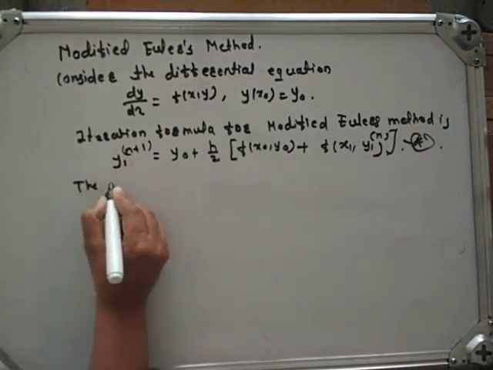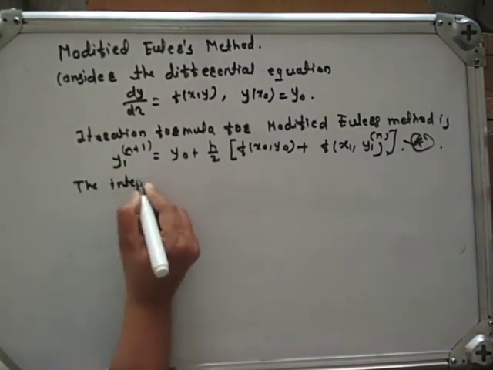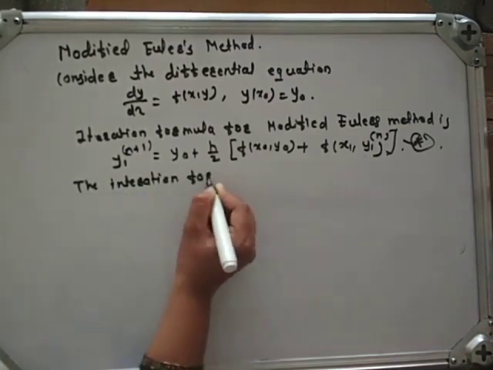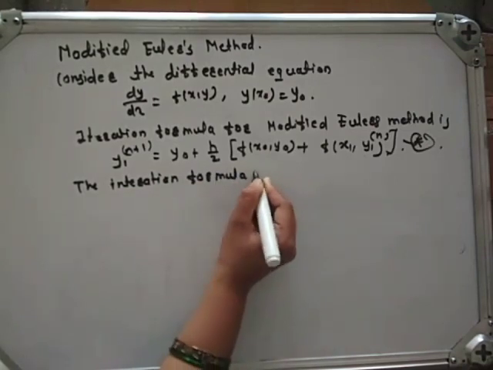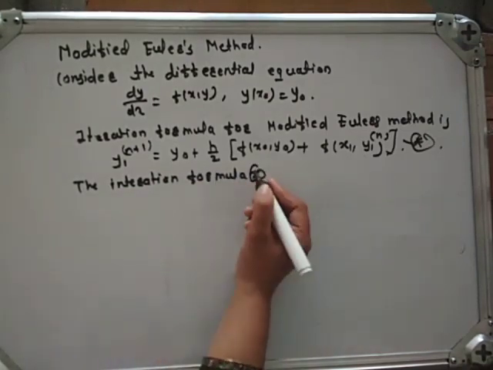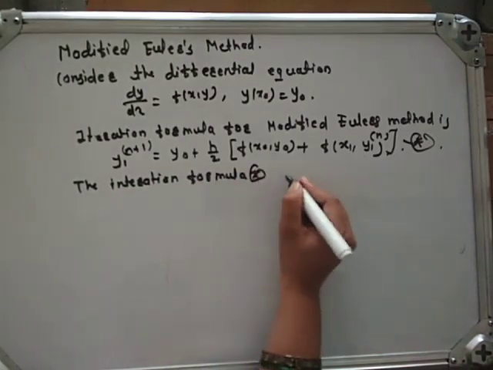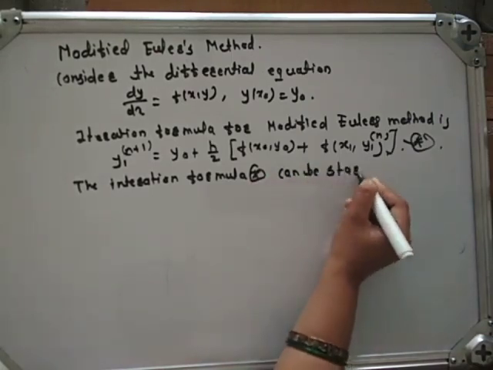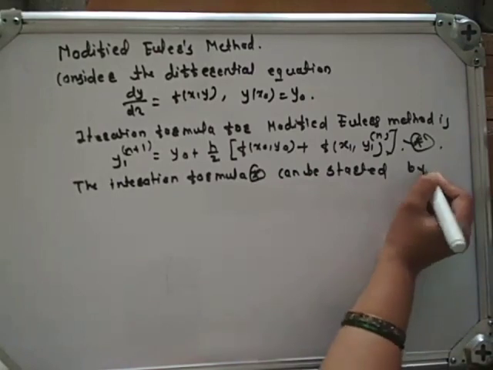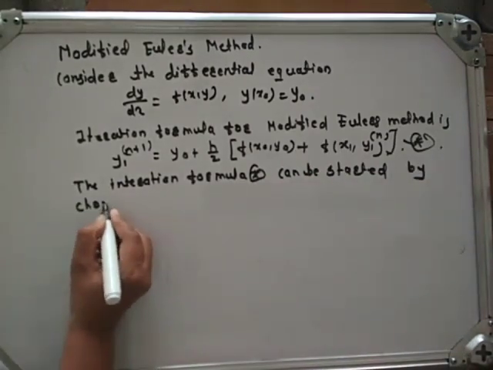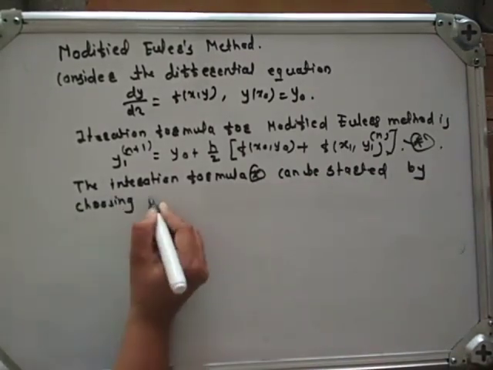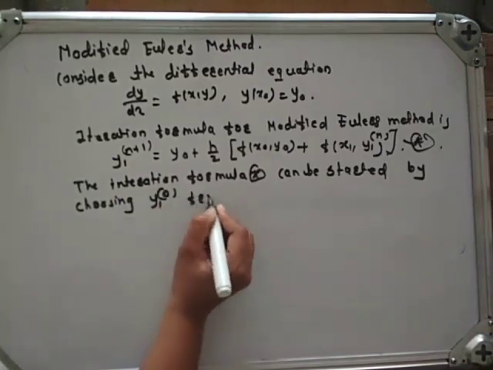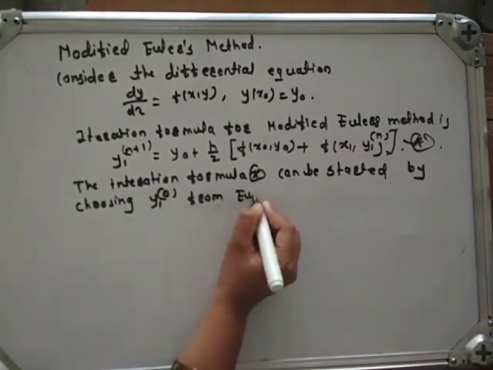The iteration formula star can be started by choosing y1 (0) from Euler's formula.